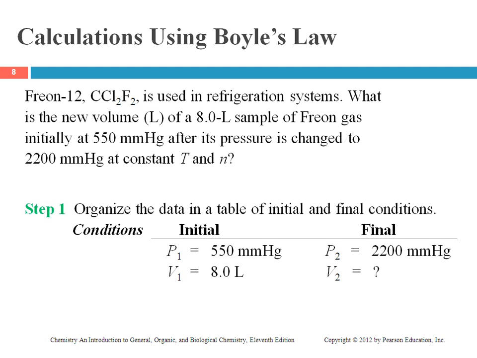It is initially at 550 millimeters mercury, which is our unit for pressure, and that's our P1 because initially that's what the pressure is. Then we change the pressure to 2200 millimeters mercury at constant T and n, so P2 is 2200. You can set this up and organize the data as so, or however you would like.